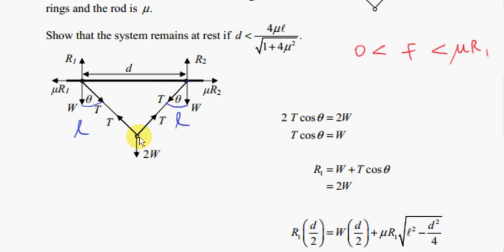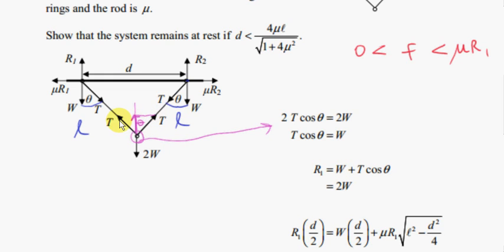Let's look at the forces on this ring here. So we resolve these two forces in the vertical direction. If this angle is theta, so is this one here. These are a pair of Z angles. So the component of T in the vertical direction is T cos theta.